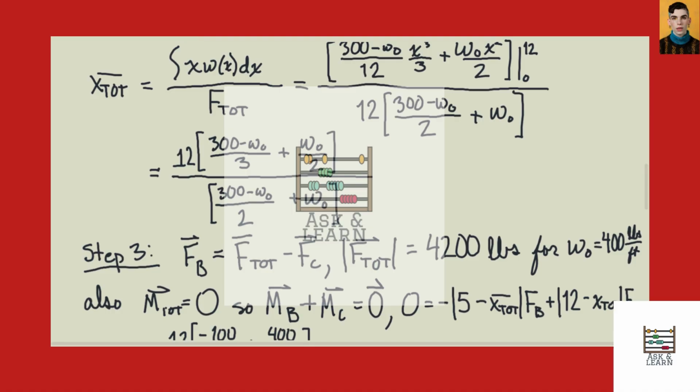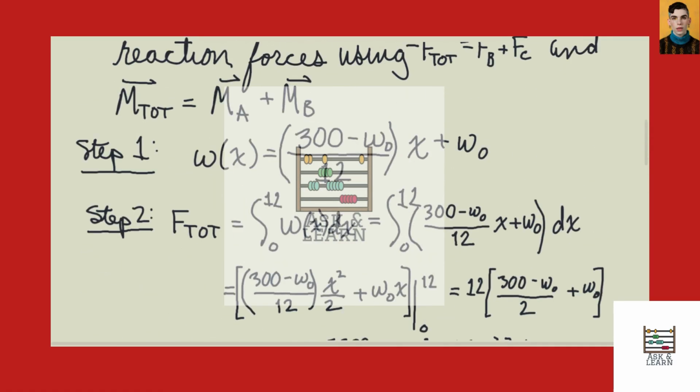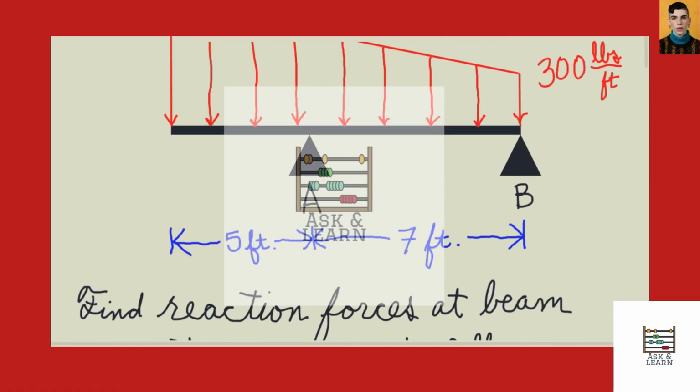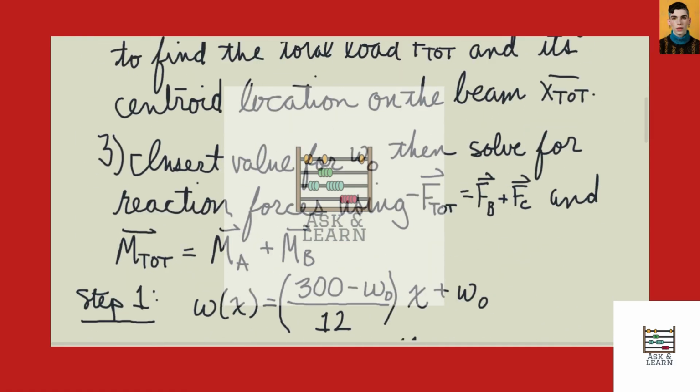We do the same thing for reaction force C. It's located at 12 feet from extreme left. We have that 12 feet, and you subtract the location of the centroid, of which we don't yet know, so we'll keep it symbolically. That moment arm will be 12 minus x total, the location of the centroid.